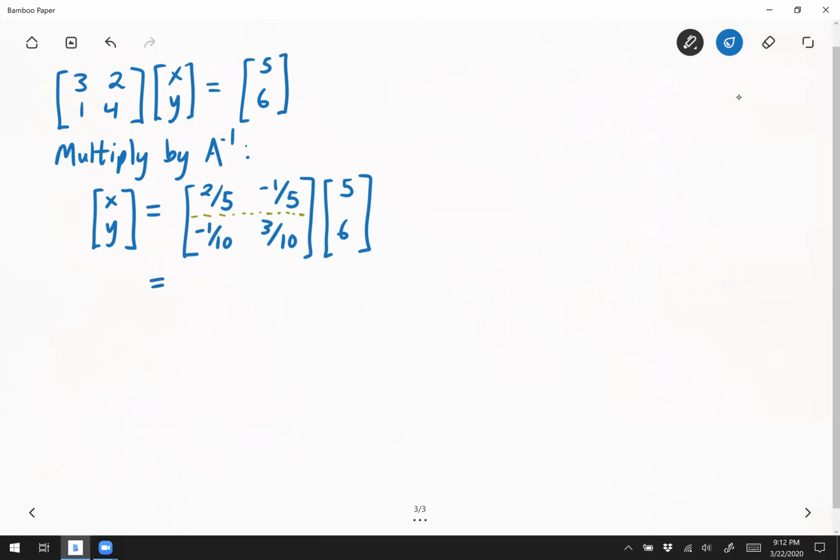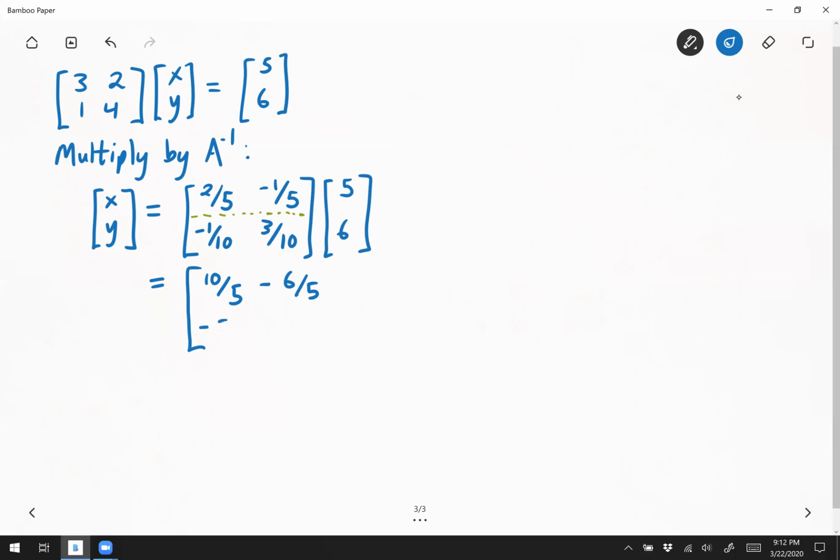When we multiply this out, again, we're doing dot products. To get the top entry, top row, dot that vector. So we're going to get 10/5. That works out nice. Minus 6/5. Then on the bottom, we're going to do the dot product of the bottom row with that vector.